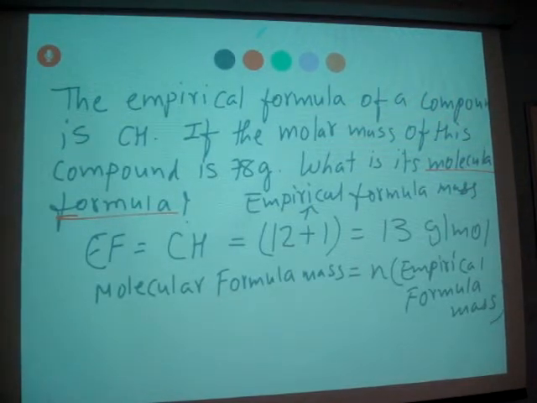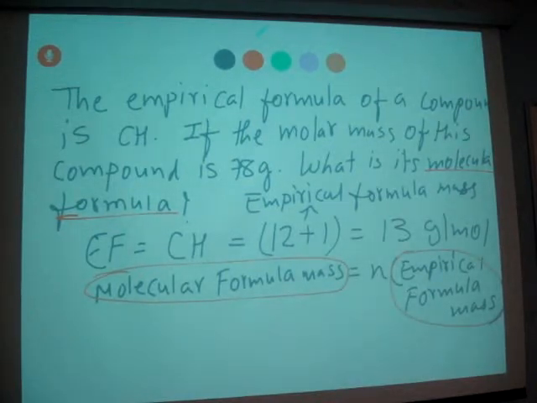Now we have both. We have molecular formula mass and we have empirical formula mass. Can we calculate N? Right? Simplest ratio. So when we do that, N equals molecular formula mass divided by empirical formula mass.